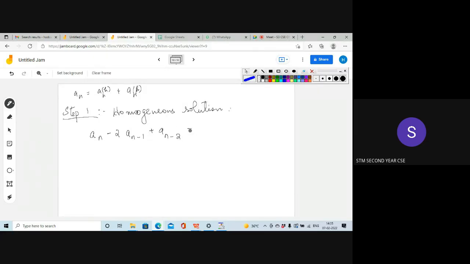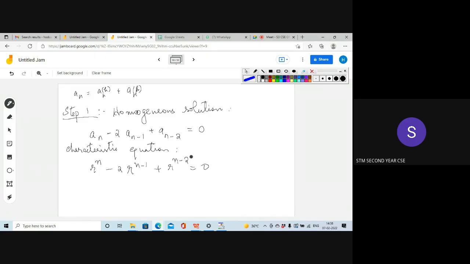And to find the homogeneous solution, you equate it to 0 and then write the characteristic equation. That is, you replace a by r and raise it to the suffix n, then a by r raised to the suffix n minus 1, plus a by r raised to the suffix n minus 2, is equal to 0.